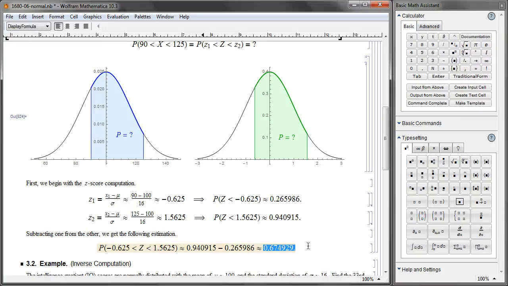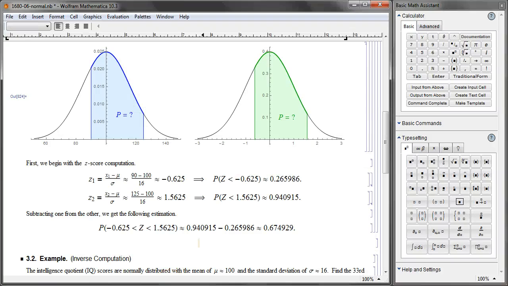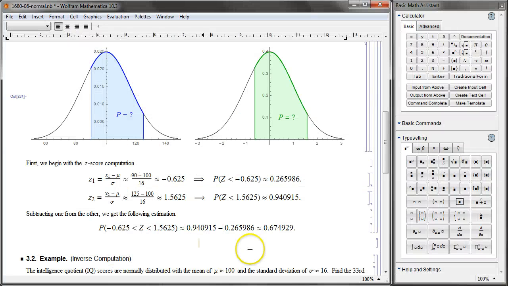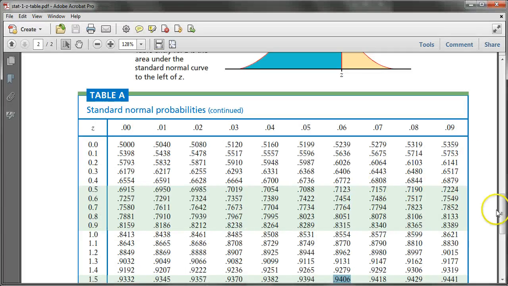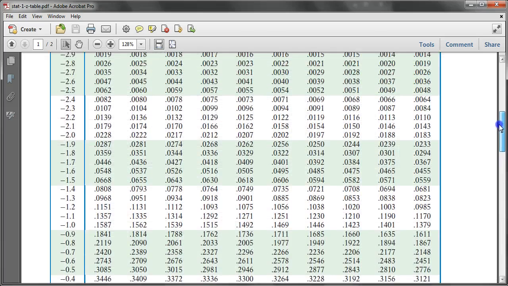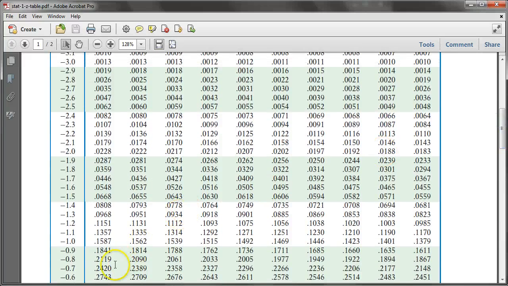But if you use the table and get this computation, from the table, 0.9406 minus 0.2643, we get 0.6263.